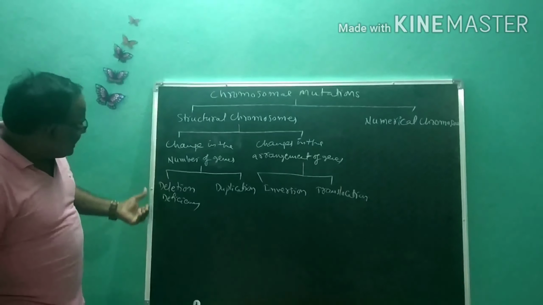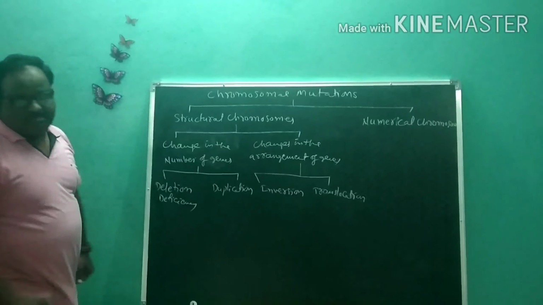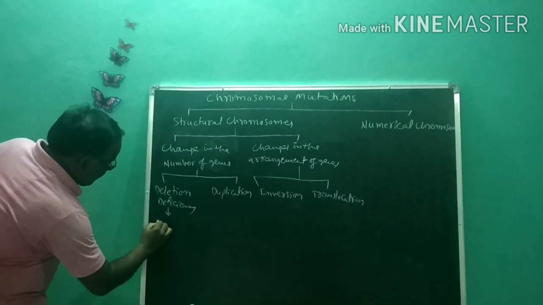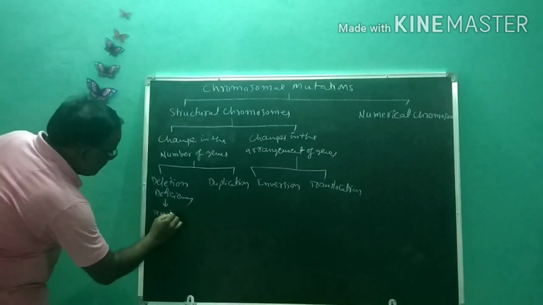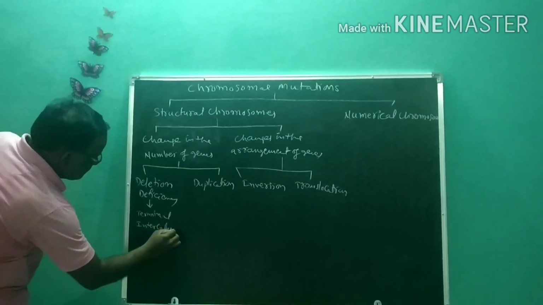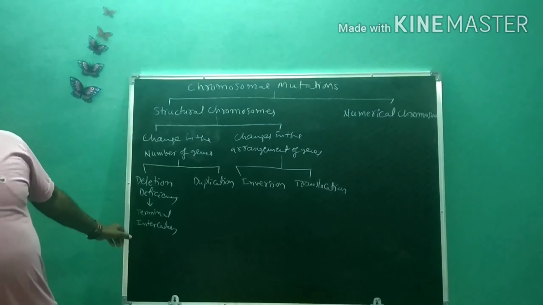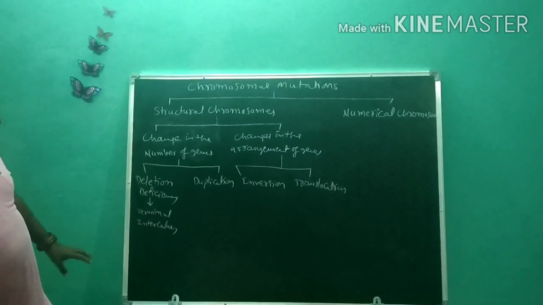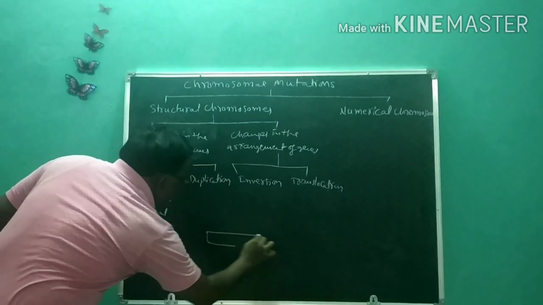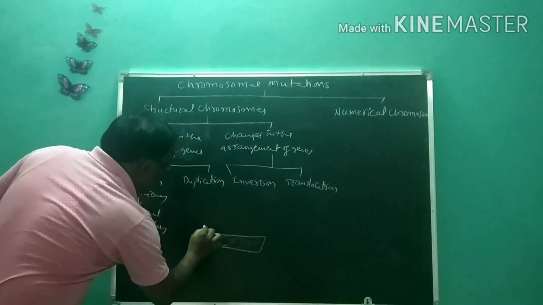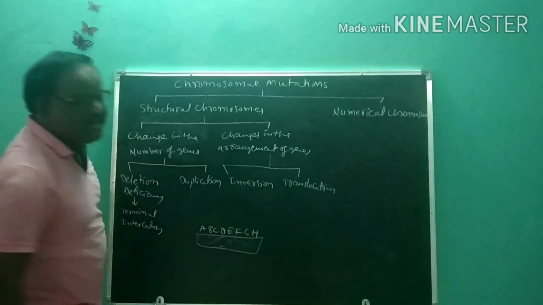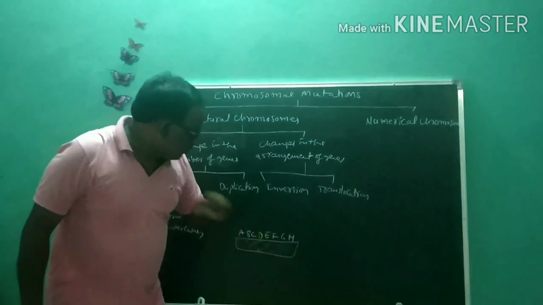Deletion is also of two types: terminal and intercalary. For terminal deletion, for example, take a chromosome with segments A, B, C, D, E, F, G, H. These are the segments or genes of the chromosome.